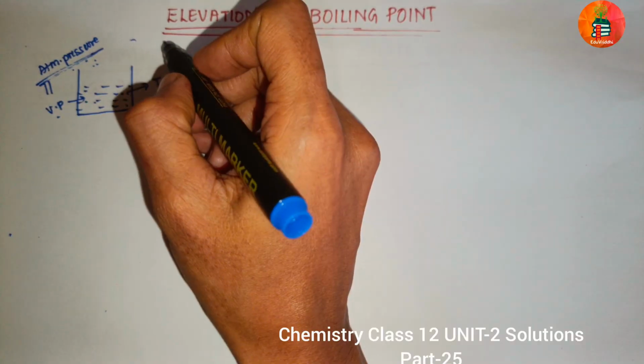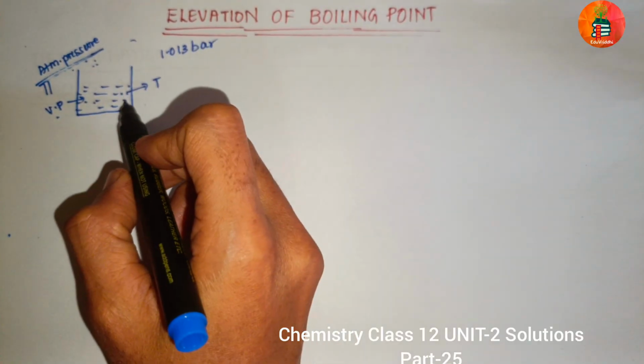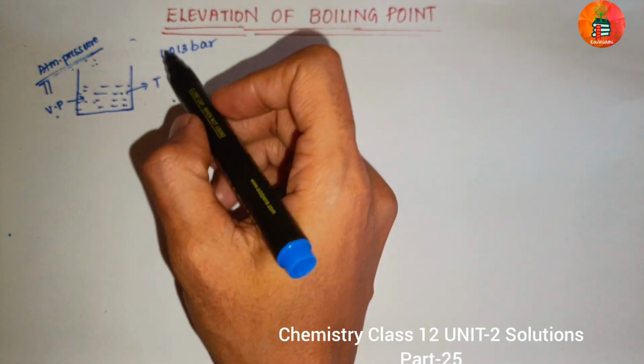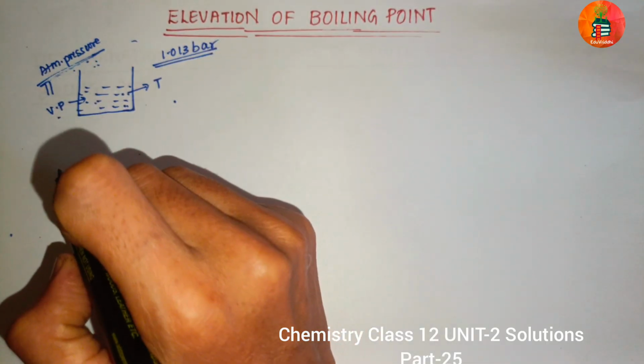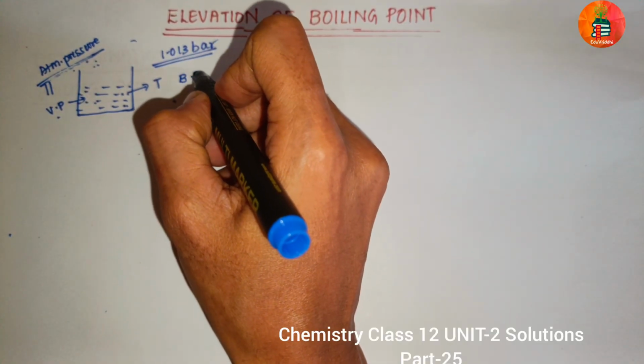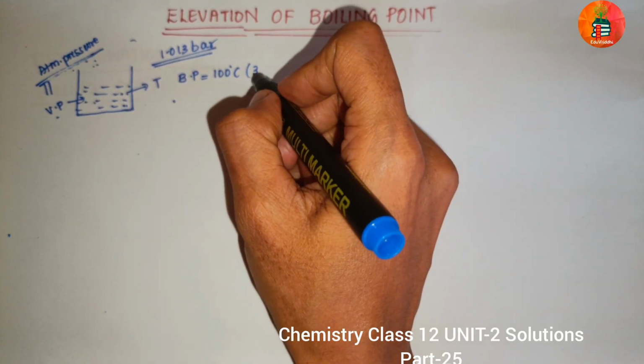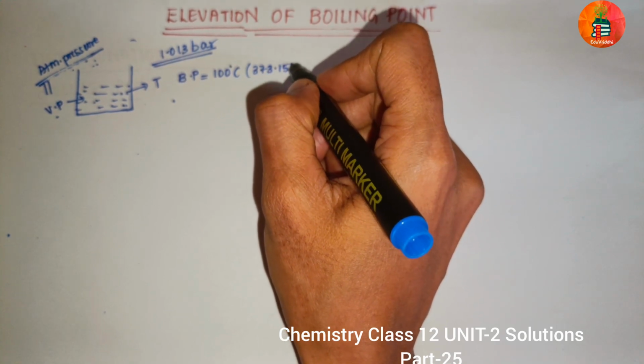The atmospheric pressure is 1.013 bar. So when the vapor pressure of this water becomes equal to 1.013 bar, this water starts to boil, and that will be the boiling point of water. And you know that is equal to 100 degrees Celsius or 373.15 Kelvin.